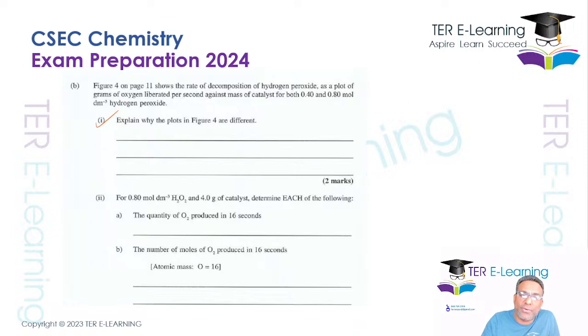So all you're going to say here is that since the concentration of the hydrogen peroxide is different, the rate is different. Now this is 2 marks here, and always pay attention to how many marks a question carries. So since the concentration of the peroxide is different, the rate is different. If you just say this alone, you'll only get 1 mark.